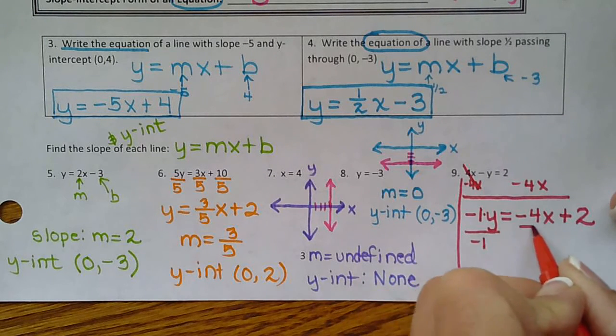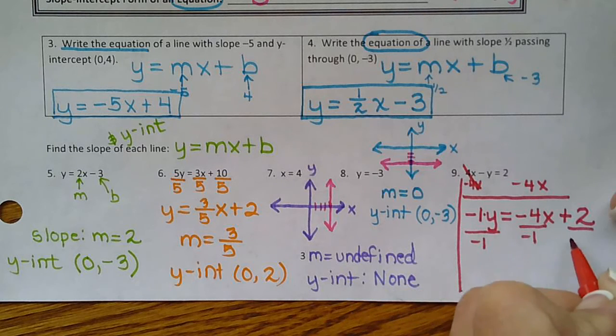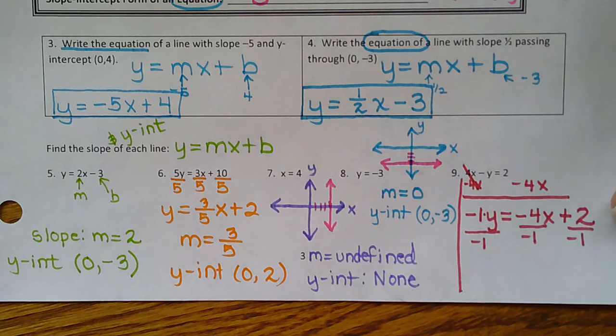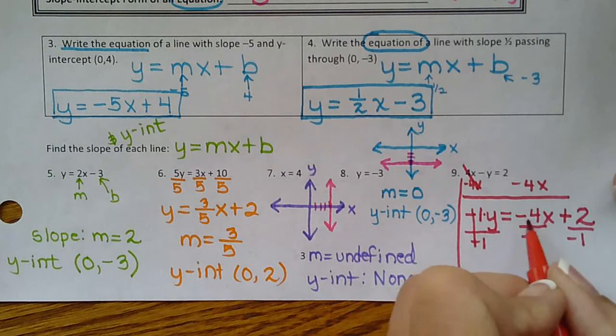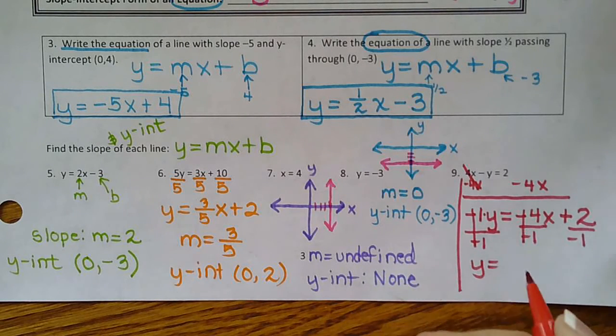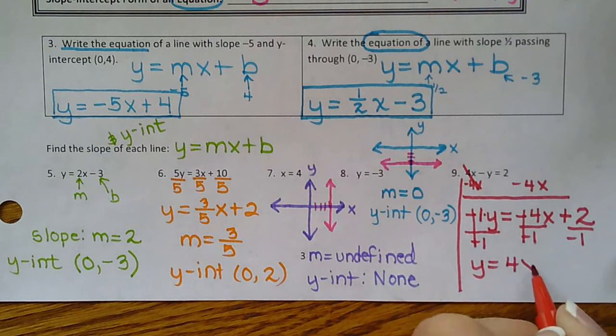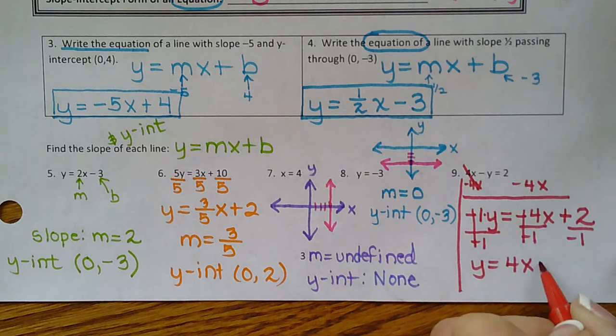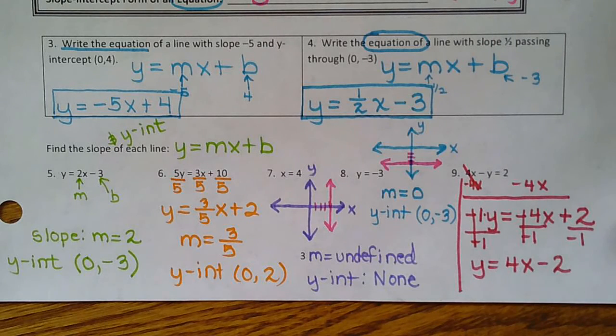So the opposite of multiplying by negative 1 is dividing every single term by negative 1. So then 2 negatives is positive, 2 negatives is positive, so I get 1y, or y equals positive 4x. 1 negative is negative. So now I have everything I need.